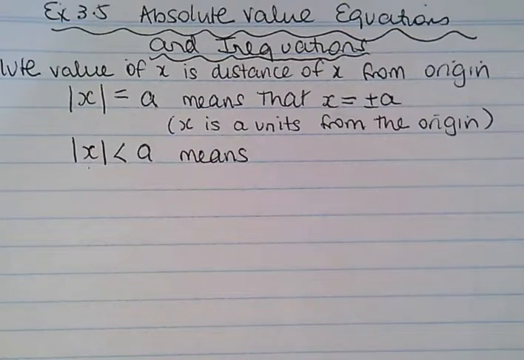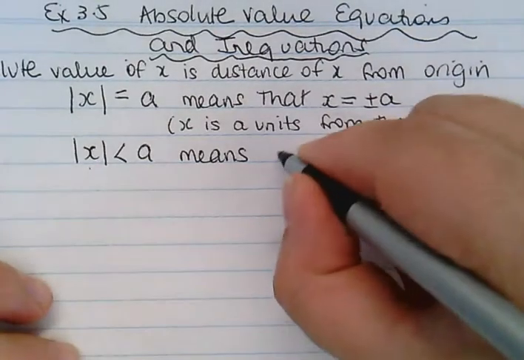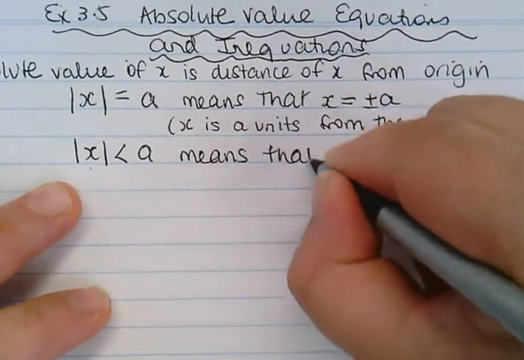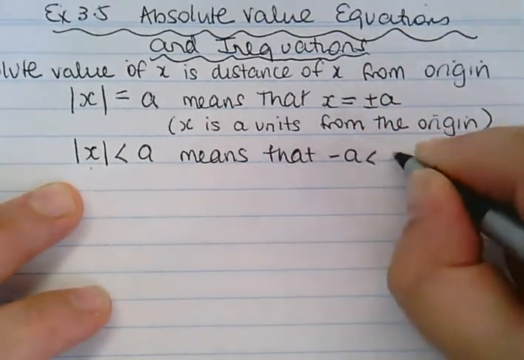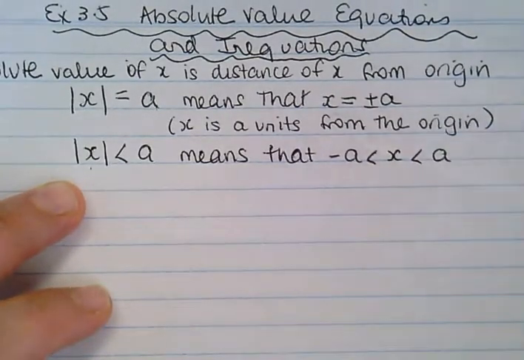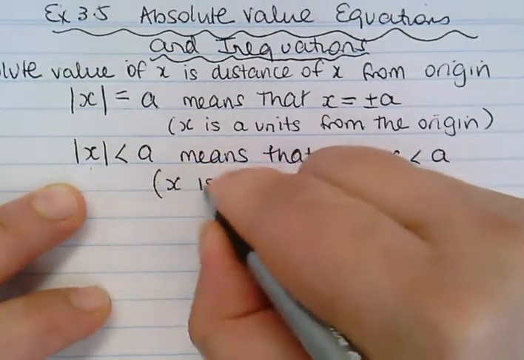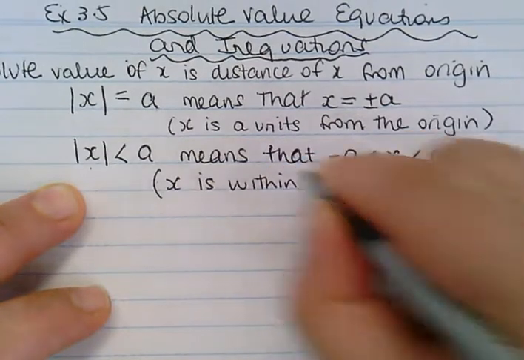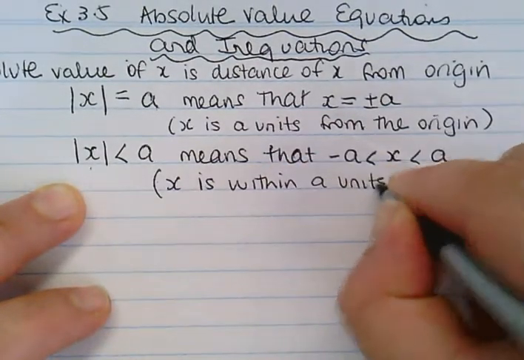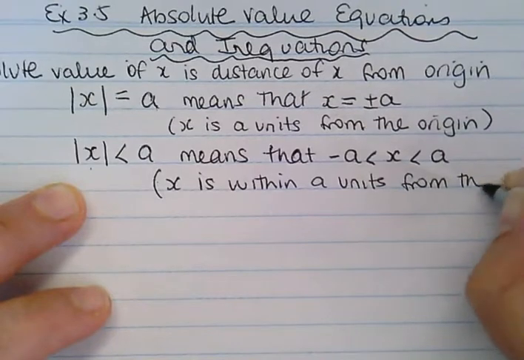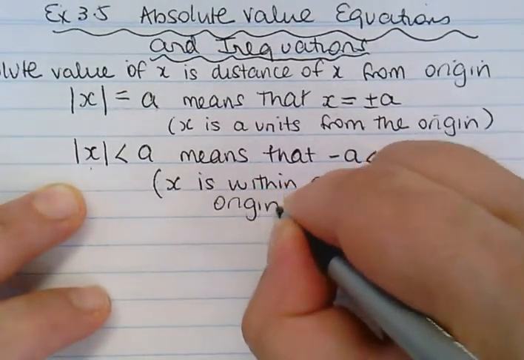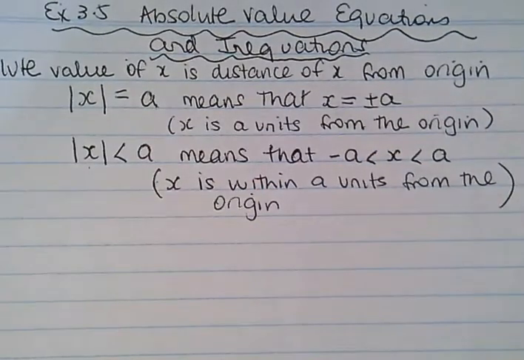If the absolute value of x is less than a, it means that x lies within a units from the origin. What it means is that x lies from a to negative a, or x lies within a units from the origin.